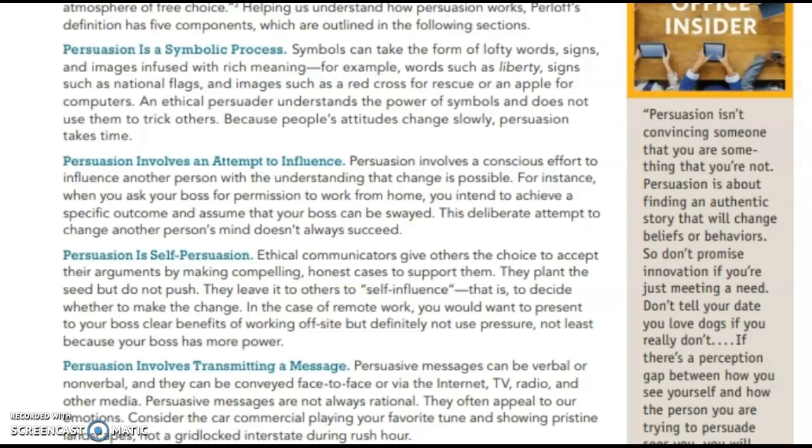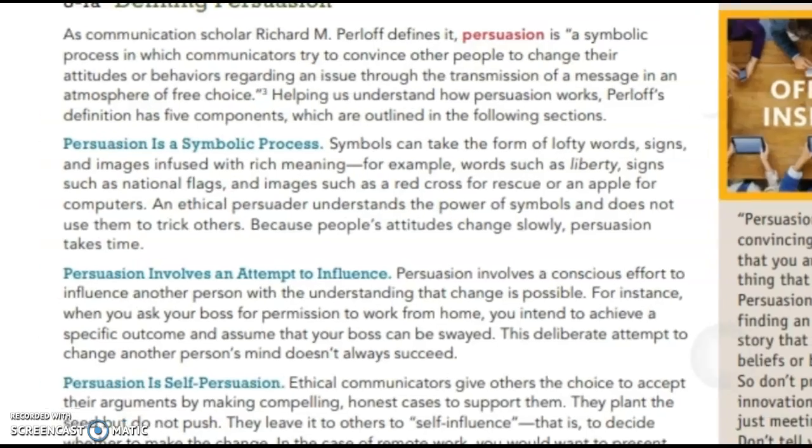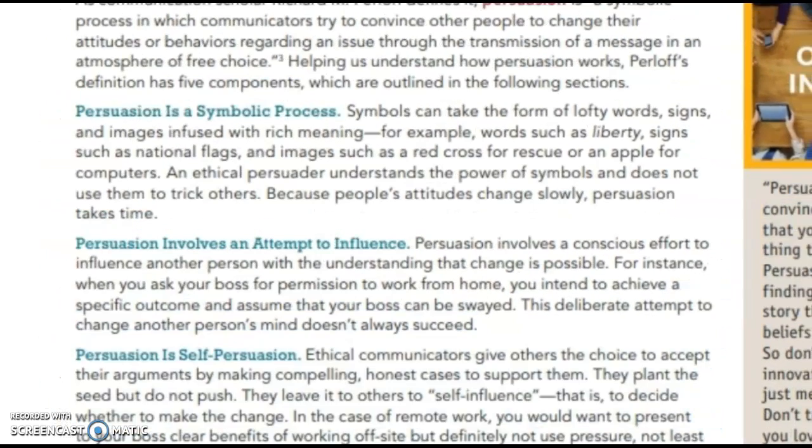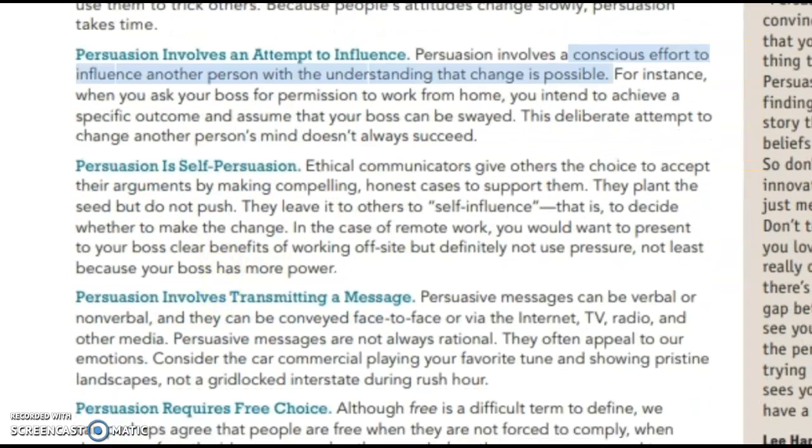Symbols can take the form of words, signs, images. For example, words such as liberty, signs such as national flags, and images such as Red Cross for rescue or an apple for computers. These are all symbols that have meaning behind them.